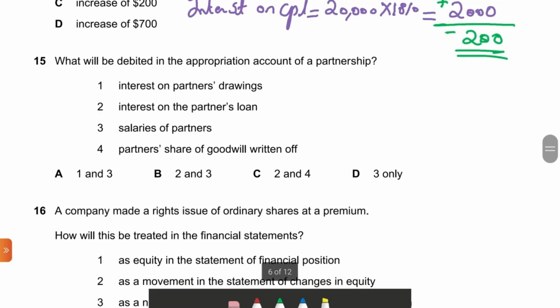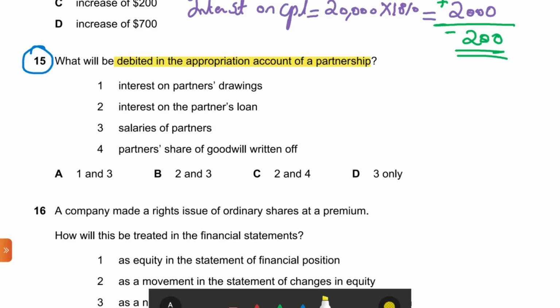Next, question number 15. What will be debited in the appropriation account of a partnership?